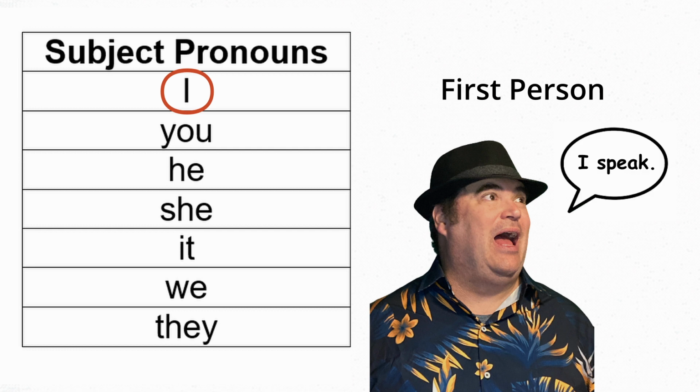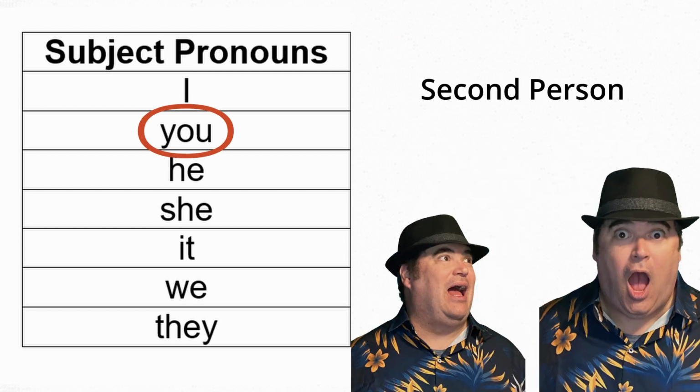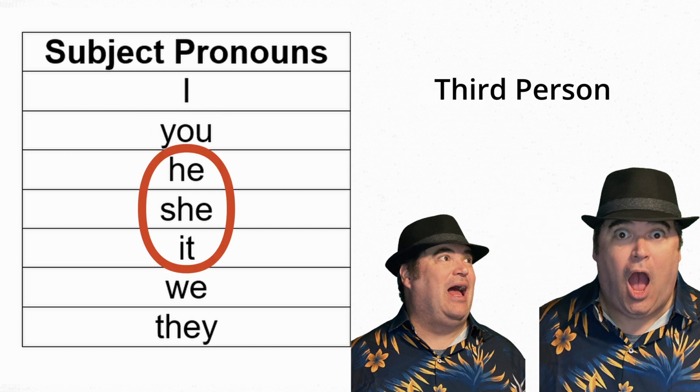I speak, I am first person. All right. Second person is the person that they are talking to. You is second person. All right. Third person would be he, she, or it. It's not the speaker. It's not the listener.